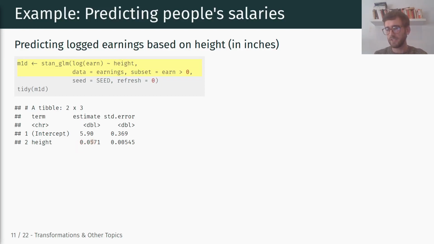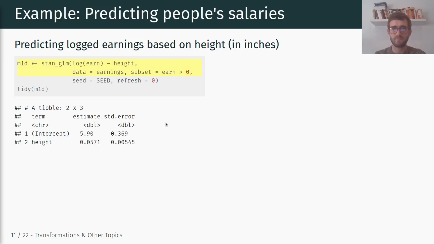Height, on the other hand, we can directly interpret as the percentage change in predicted income for a 1 unit difference in height between two groups, right? So 1 inch difference in height between two groups is associated with a predicted difference in earnings of about 5%.